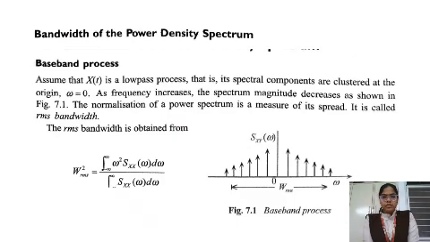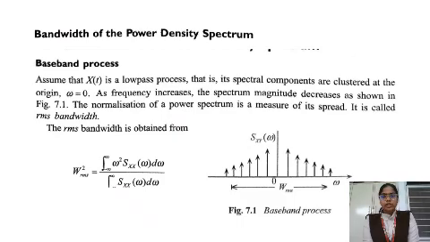Baseband process. Assume that x of t is a low pass process, that is, its spectral components are clustered at the origin, omega equal to 0. As frequency increases, the spectrum magnitude decreases. It is inversely proportional, as shown in figure 7.1.